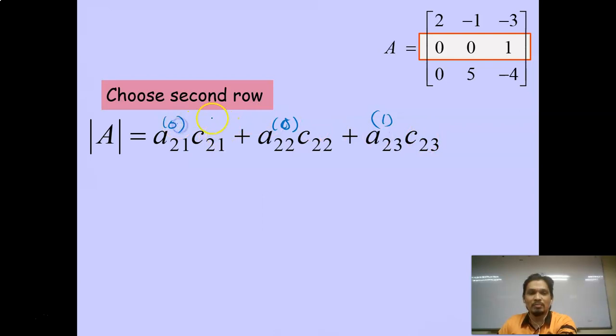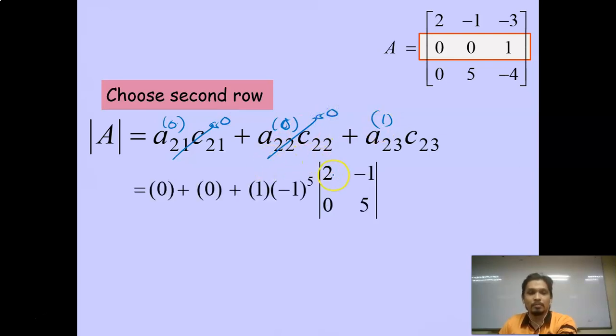So 0 multiplied with the cofactor is 0, and only this one remains. Negative 1 to the power of 5 is negative 1. So negative 1 times 2 times 5 equals 10, minus negative 1 times 0 equals 0. So the answer is negative 10.